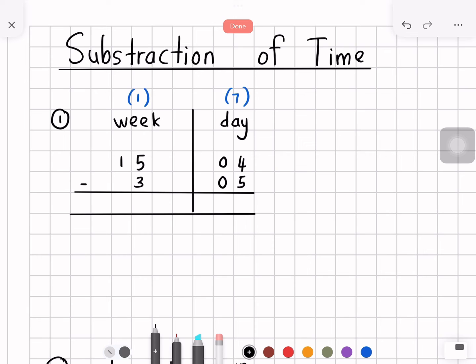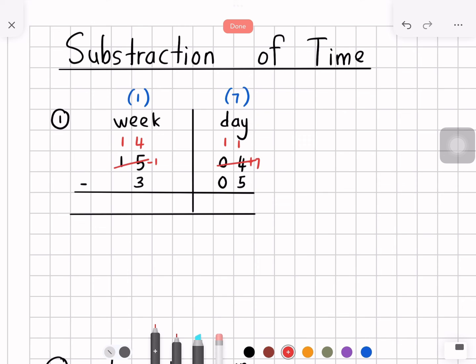When we want to borrow from week, we're going to take 1 week. When we want to take 1 week, we have to minus 1 there in the week, and we have to add 7 in day because 1 week is equal to 7 days. Alright, and now 15 minus 1, it will be 14 there in week, and 7 plus 4 is going to be 11 days in day.